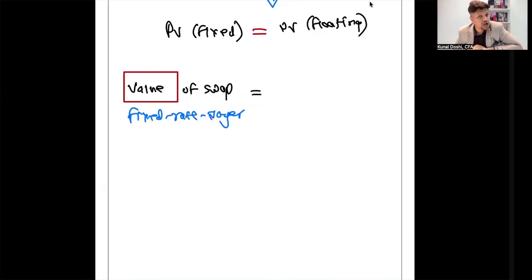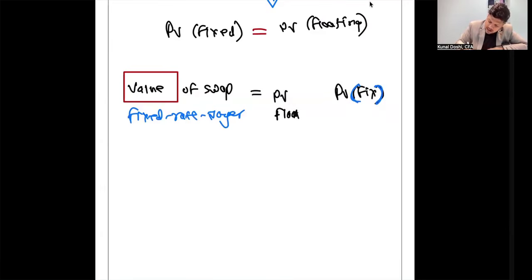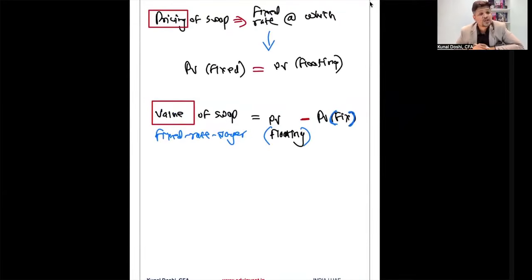Everyone, fixed rate payer. So fixed rate payer will pay fixed. So the present value of fixed payment, this is what will be his outflow. And present value of floating pay, that will be his inflow. So the difference between both will be the gain and loss for the swap fixed rate payer.